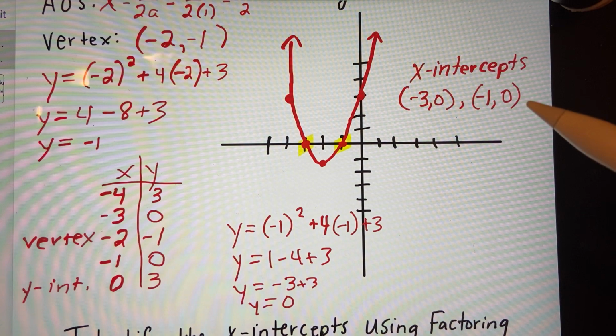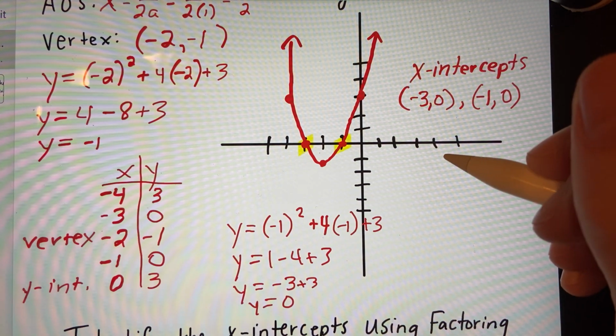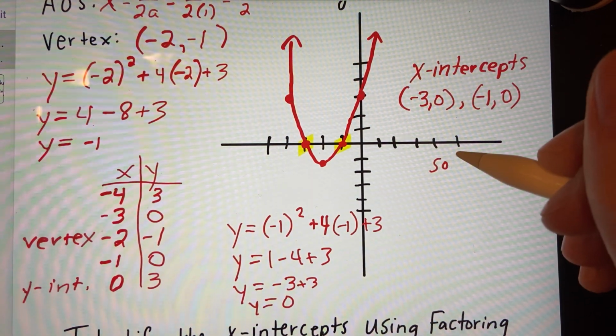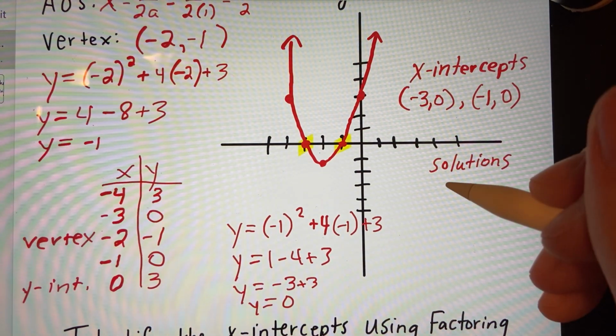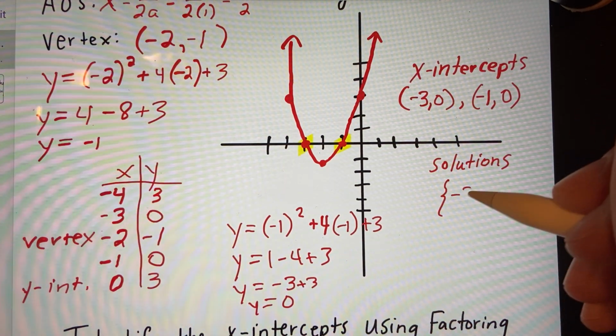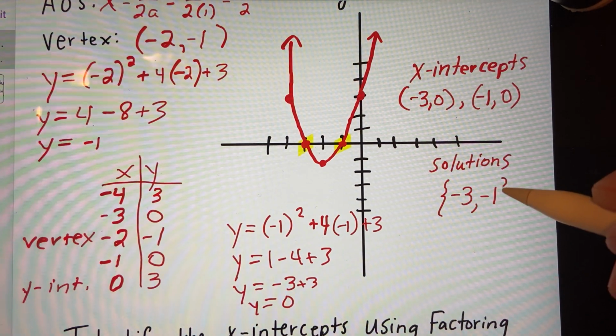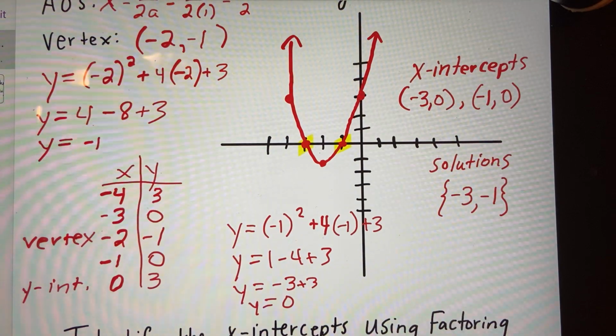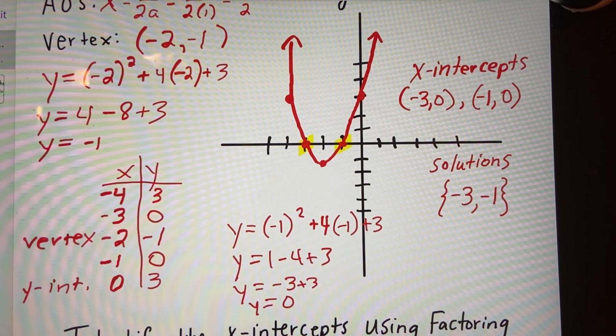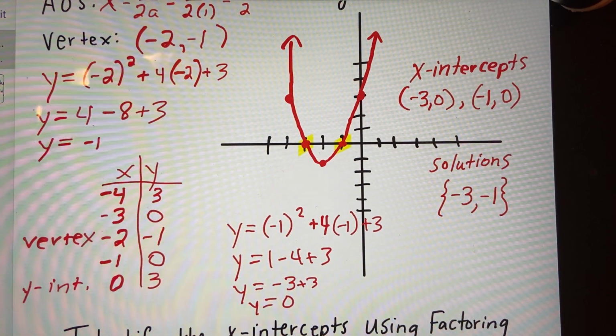So we can say our solutions are -3 and -1. We're going to write our solution set in a brace: {-3, -1}.